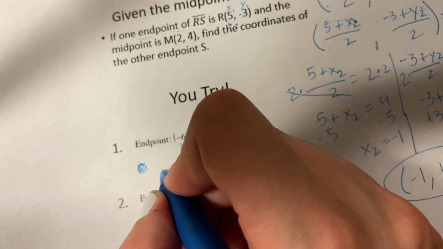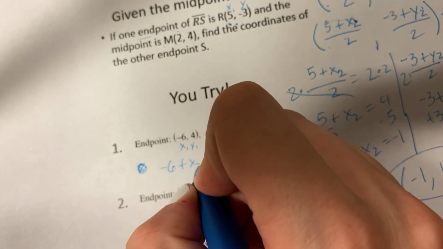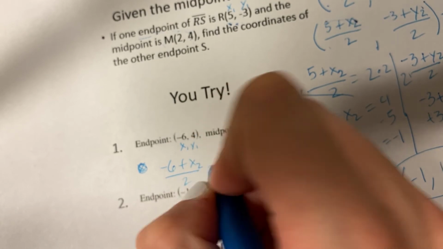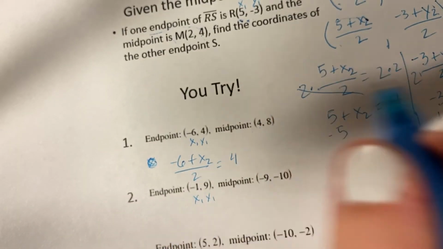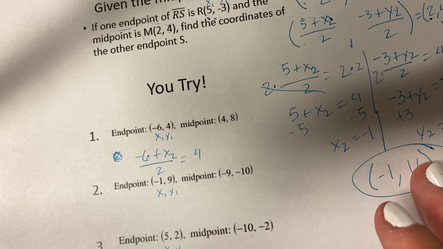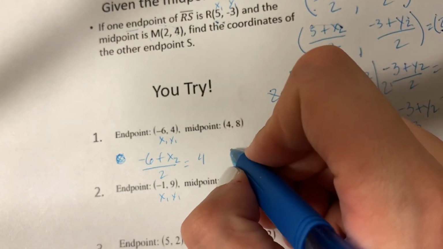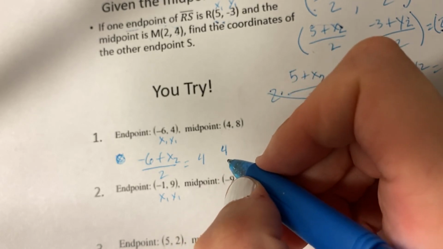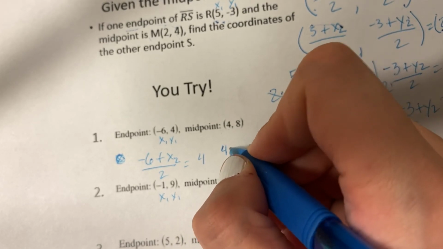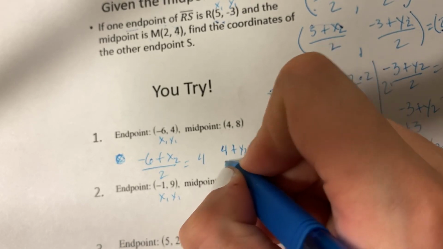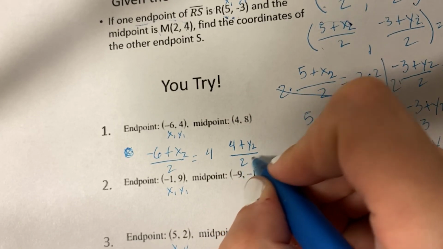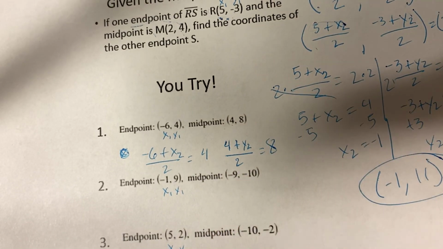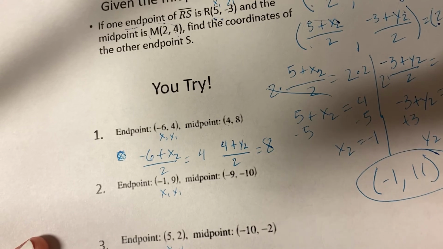I know x sub 1 is negative 6, plus x sub 2 should equal 4. So my x is going to equal 4, which is my other x I'm given. And then I know my two y's added together, which is 4 plus whatever my other y value is divided by 2 should equal 8. And then from there, I'm just going to solve.